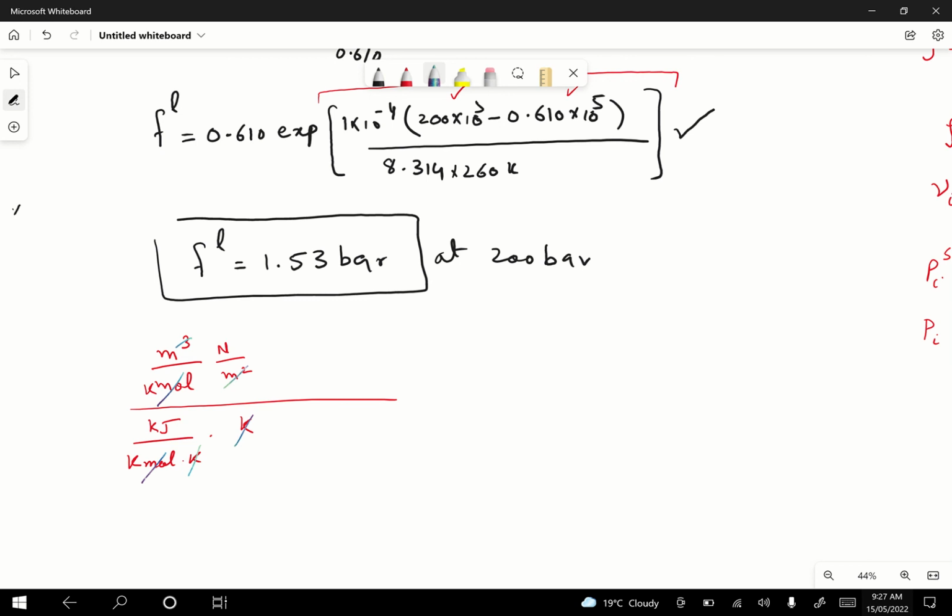So we got Newton meter, which is joule, and kilojoule. I think there should be some more unit conversions.